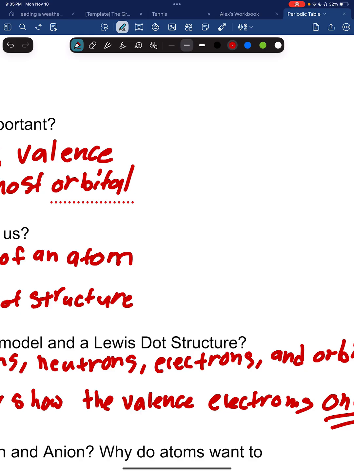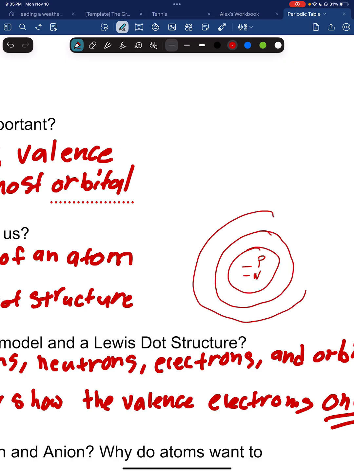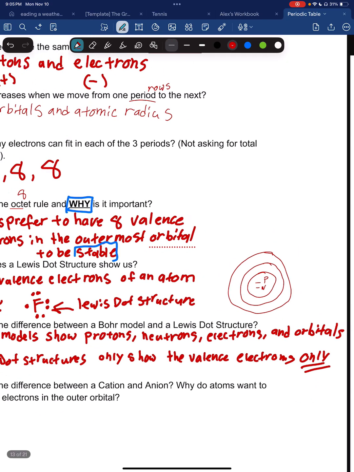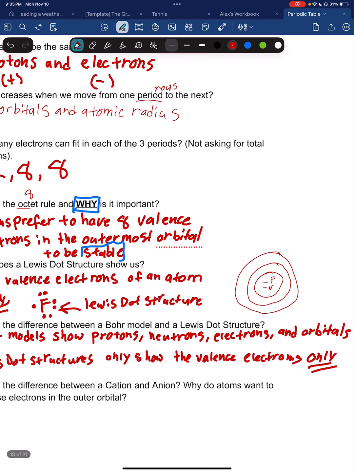So we'll get into it later in here. But you have like protons, neutrons, and you got a bunch of circles that looks like this, which is our orbitals, right? And let's say if we're doing fluorine, which is element number 9, so that means we got 9 protons, and I believe the mass is 19, so we would have 10 neutrons here.